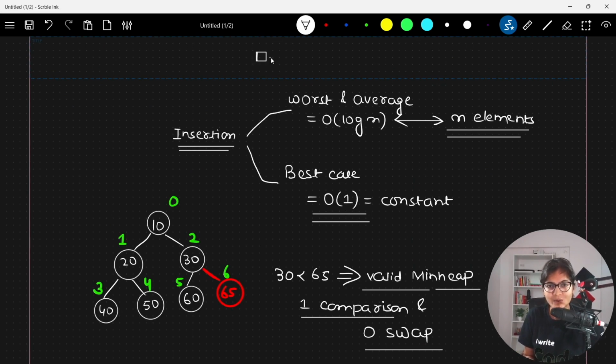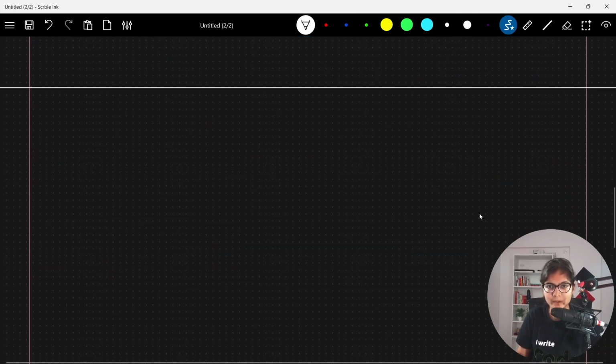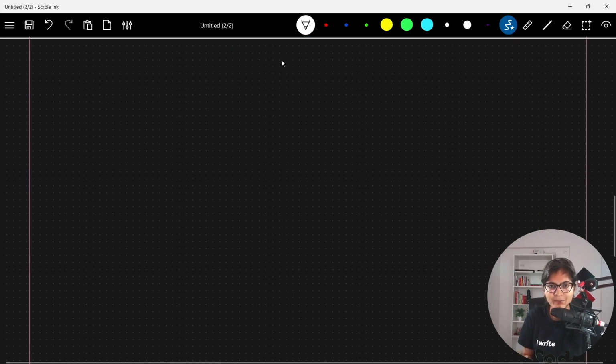That is, what are the steps required for a deletion in a Minheap. So first of all, let me create one Minheap here.